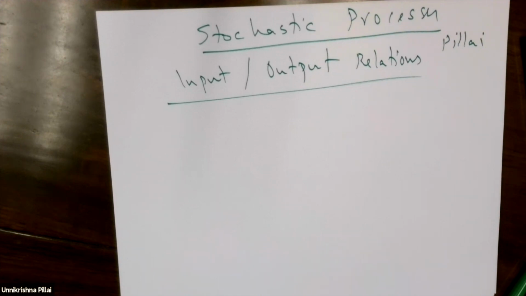Our step has a normal distribution with zero mean and variance alpha u. Is there any difference? No. Take alpha to be 1, that's all. Alpha is just a constant, a scaling factor. If you put alpha equal to 1, it becomes the same as what you have seen.